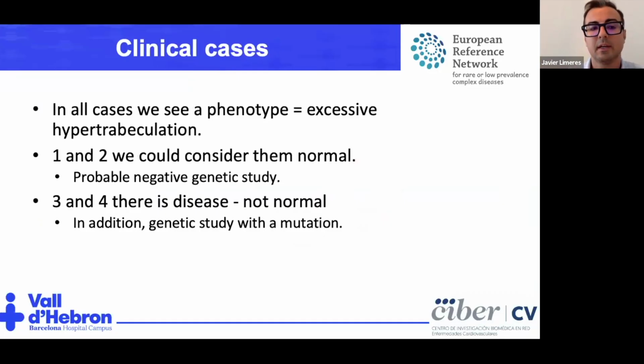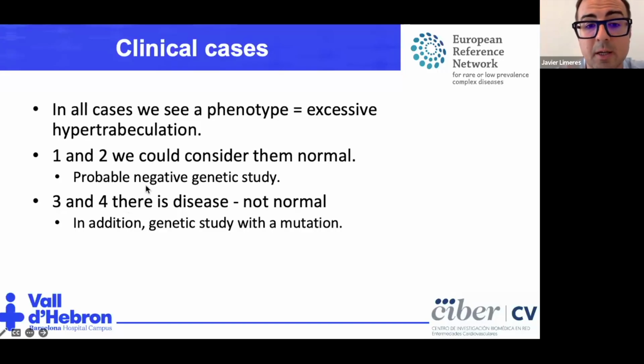So in all the cases, you can see this excessive trabeculation, but in the first and second cases you can consider it normal, while in the third and fourth cases you can see this is not normal because you have trabeculation with other findings. And you can find different genetic traits or findings in the third and fourth cases, but not in the previous ones.